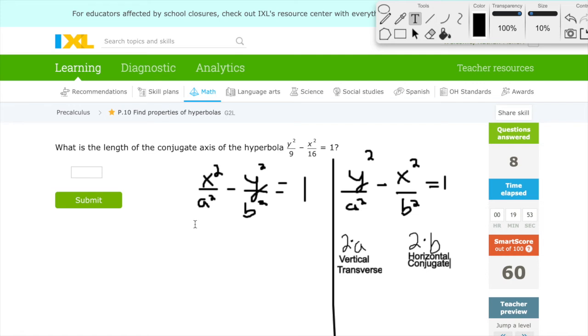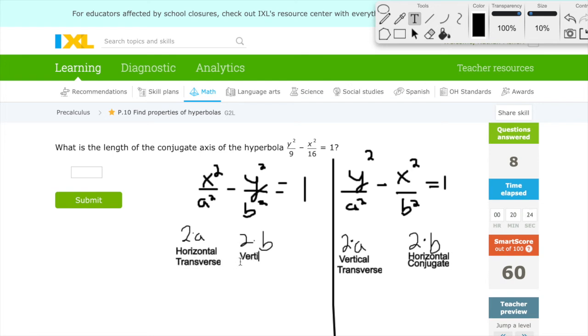If we were dealing with this one, we would have 2 times A again. Let's go ahead while we're here and draw it out. 2 times A, 2 times B. So similar, this would be horizontal, and transverse.